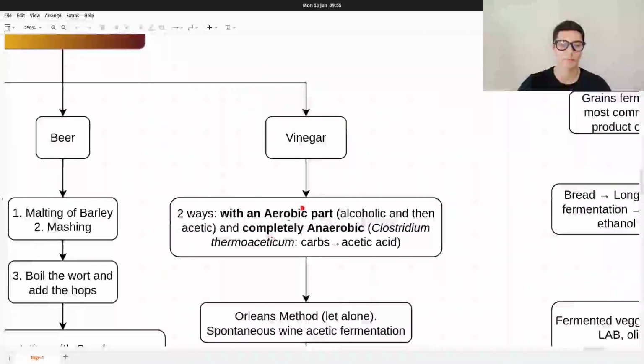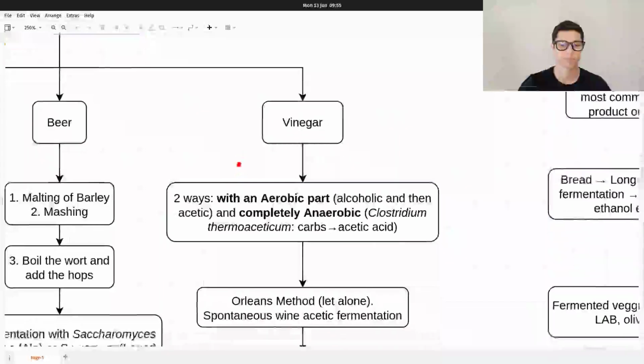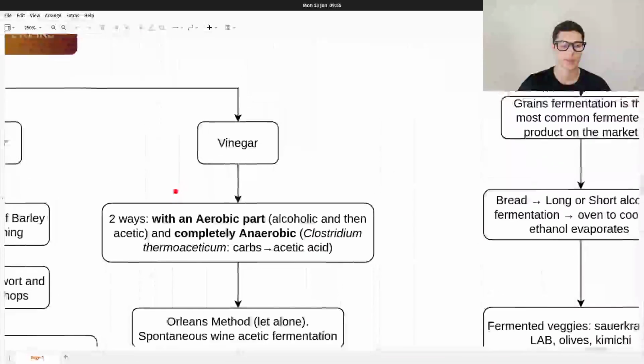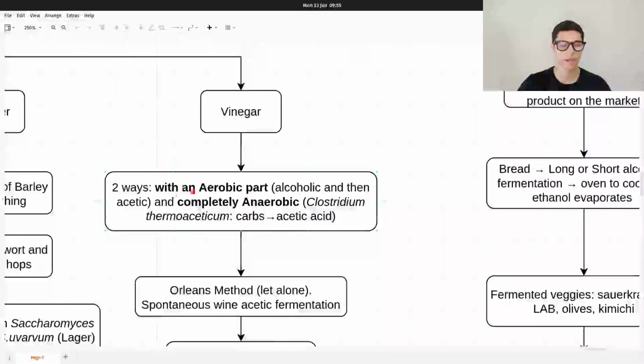And then the vinegar. The vinegar is interesting because it has two ways to be created, with an aerobic part and completely anaerobic. When it has the aerobic part, that means it has undergone the alcoholic fermentation first and then the acetic one.